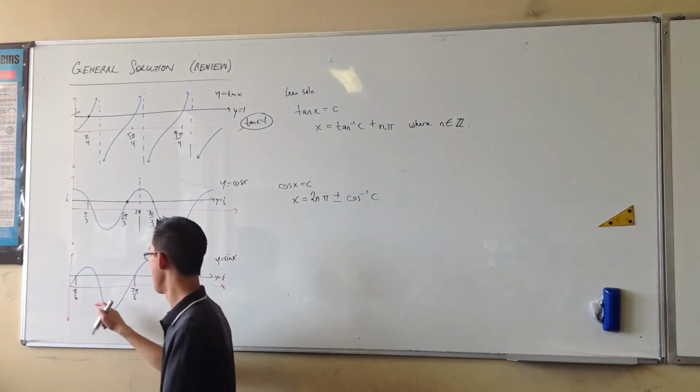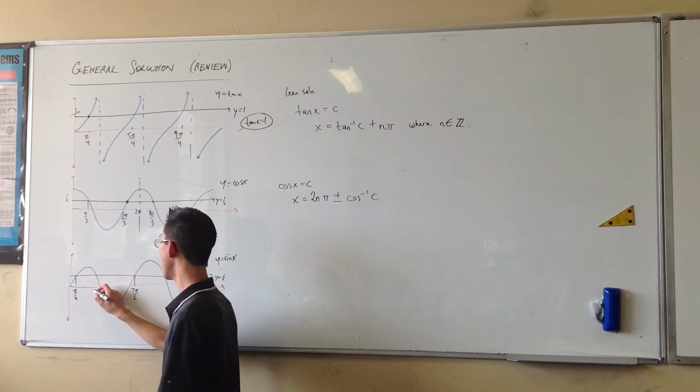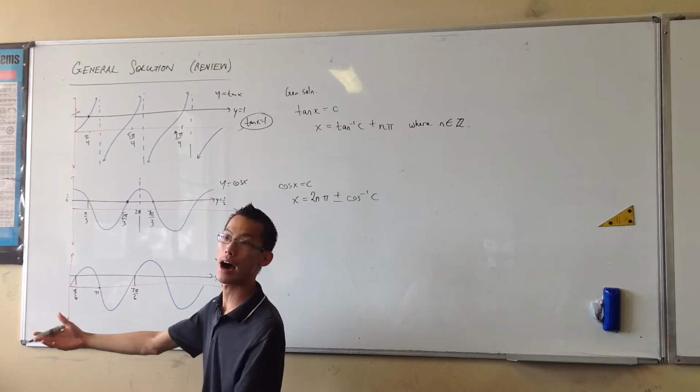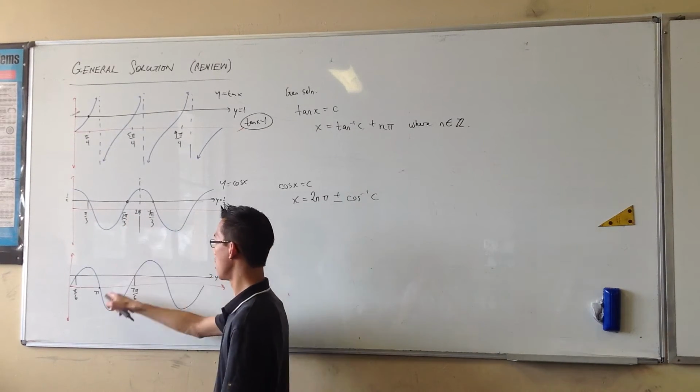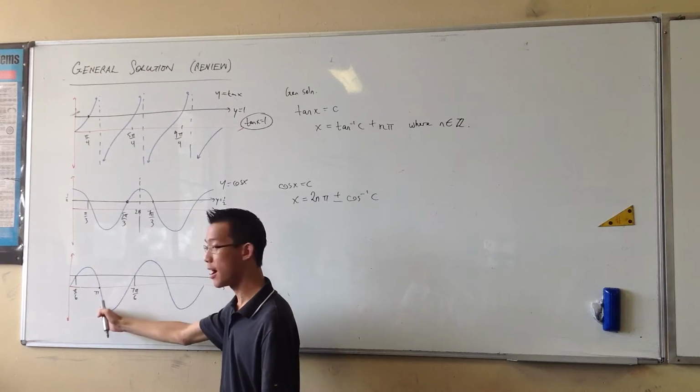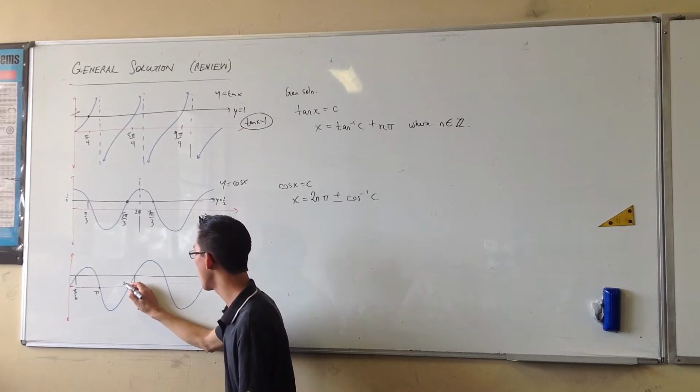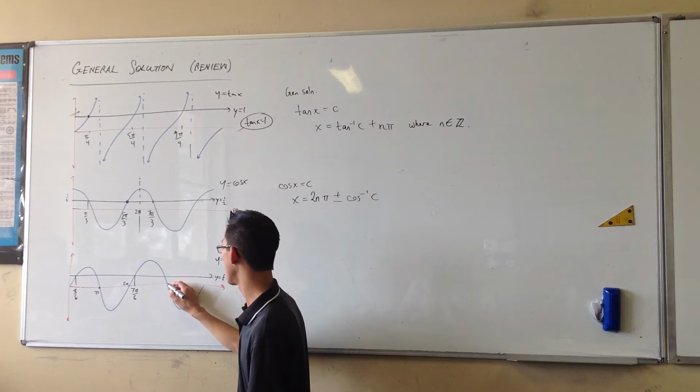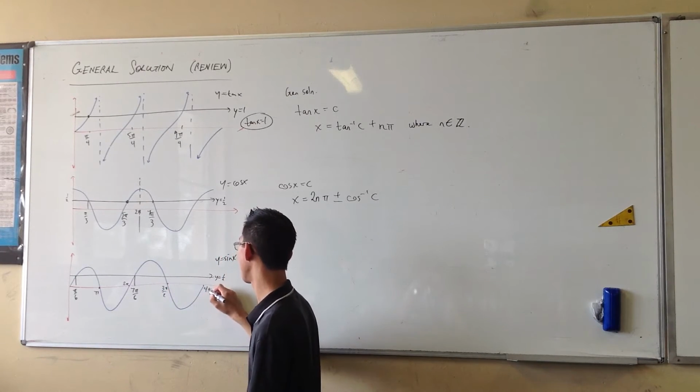Well, we noticed, now here, if I go at intervals of pi instead of 2 pi, so if I think about 0, and then pi, and then this is 2 pi, and then this would be 3 pi on 2, this is 4 pi.